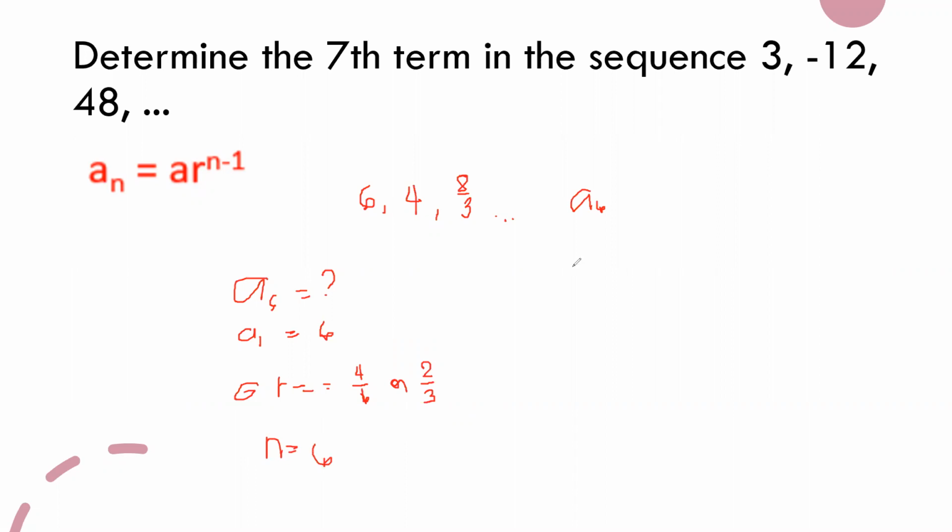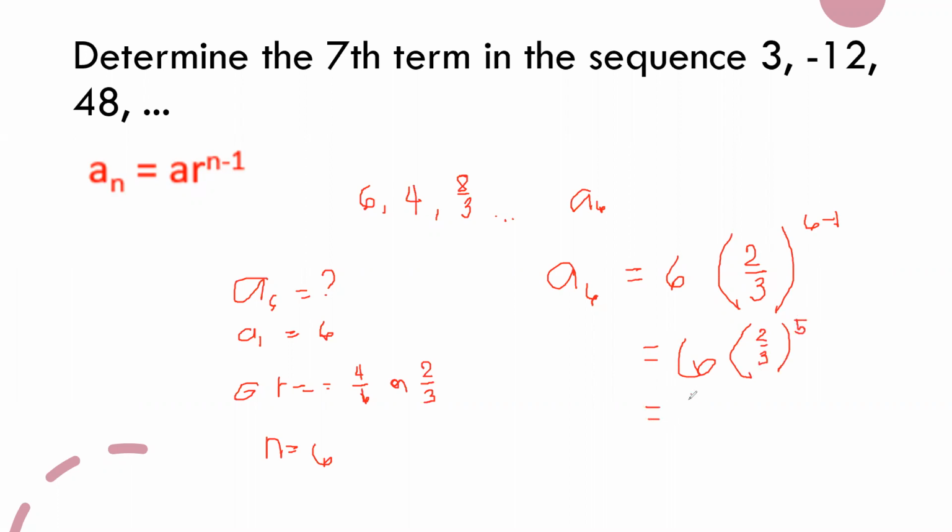So let's try to solve for this. A sub 6 is equals to 6 times 2/3 over 6 minus 1. So that will be 6 times 2/3 raised to 5. So individually natin siya isosolve.